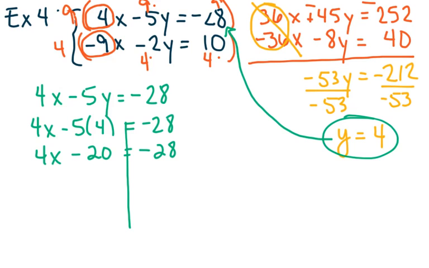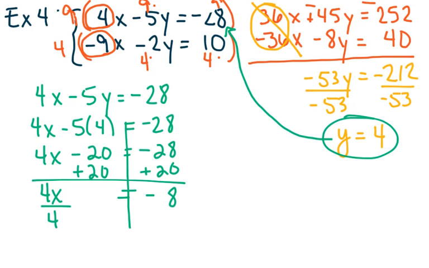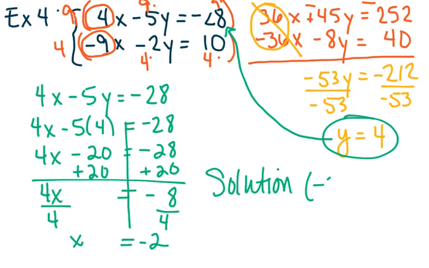I'm going to add 20 to both sides. So we get 4x equals negative 8, and divide both sides by 4. We get x equals negative 2. So that means that my solution is (-2, 4). The x comes first and then the y.